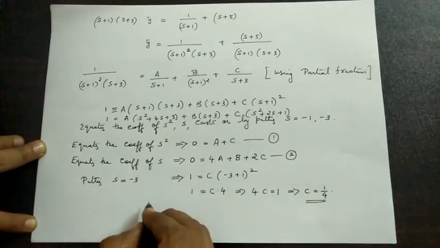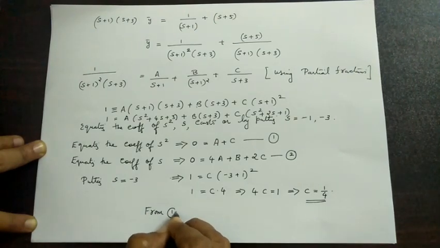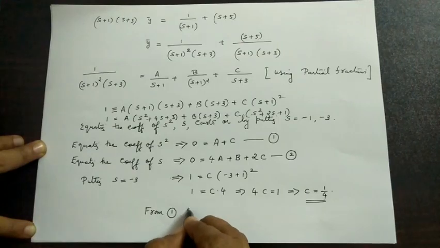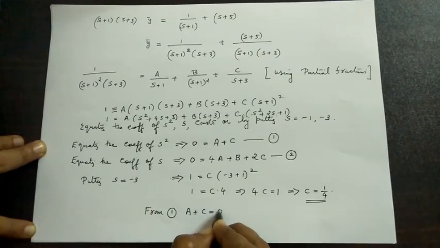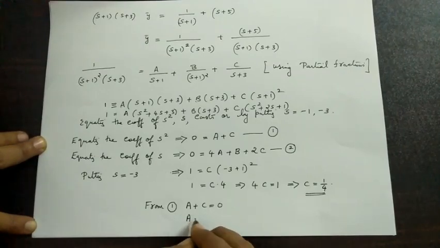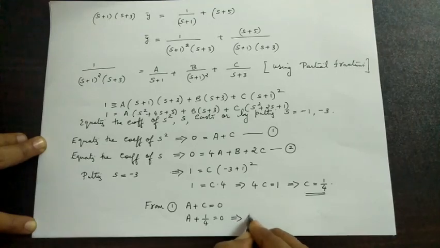Now applying equation 1, we have a plus c equal to 0. That is, a plus 1 by 4 equal to 0, which implies a equal to minus 1 by 4.